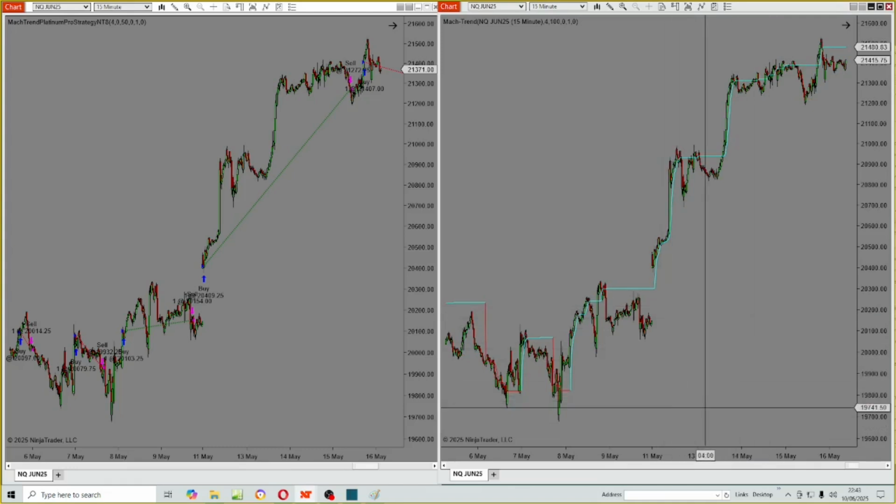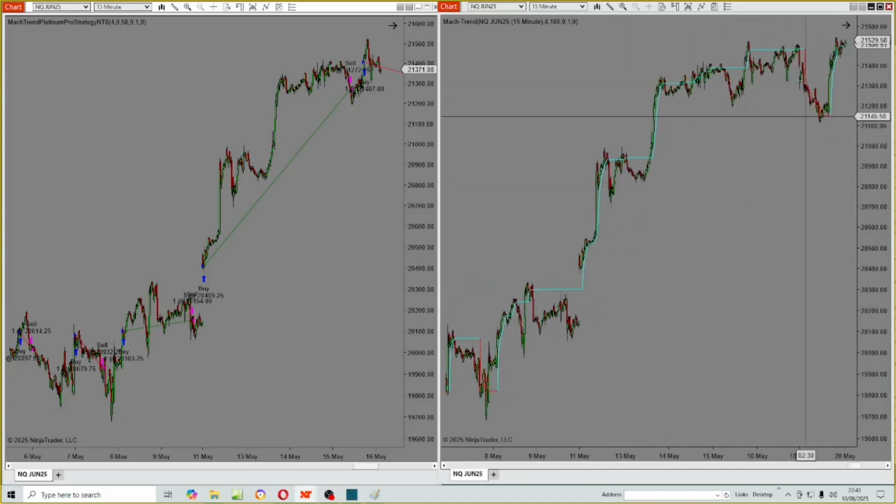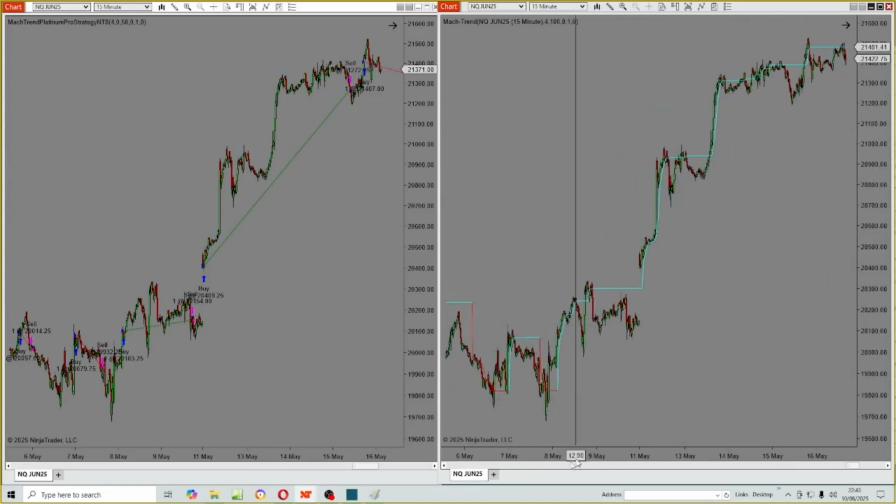So we can see it went long here and it stayed long all the way off the page until here, as opposed to this one. This is the same date range. So this one is length 50.